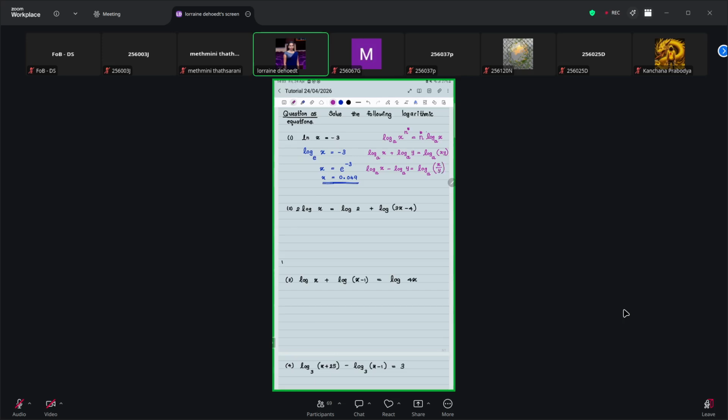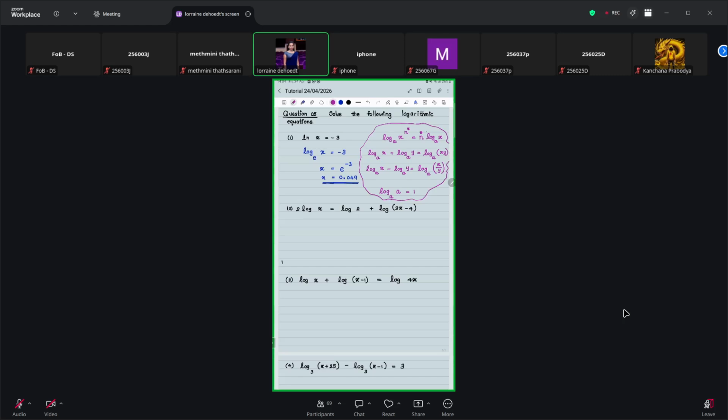These are the basic laws. And also log base a of a equals 1. These are the basic logarithm laws.